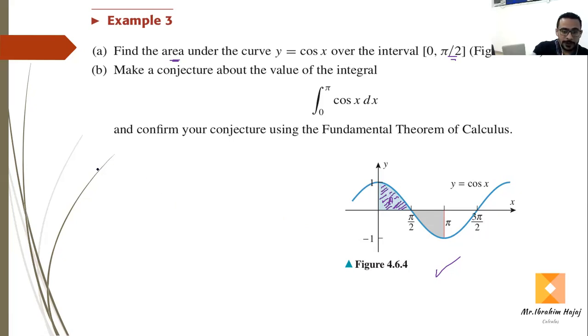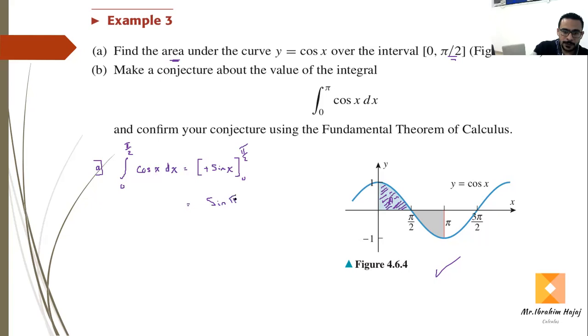Okay, we can find the area any way you want, guys. If you would like to find this area from 0 to pi over 2 of cosine x dx, what's the integral of cosine? Is it a negative sign? No, positive sine, from 0 to pi over 2. Then substitute.